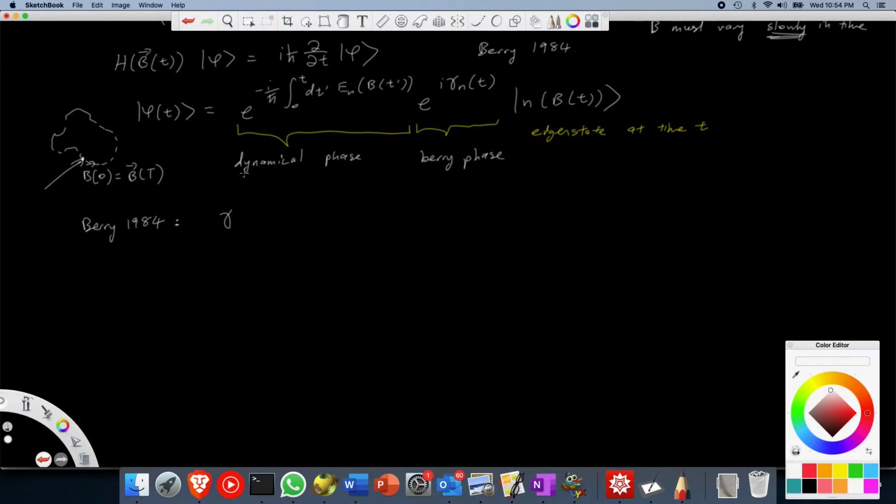So when it undergoes cyclic evolution, gamma n, the Berry phase, is then equal to i times the closed loop integral of the eigenbra, then the gradient in the B space, in the parameter space, dot dB.